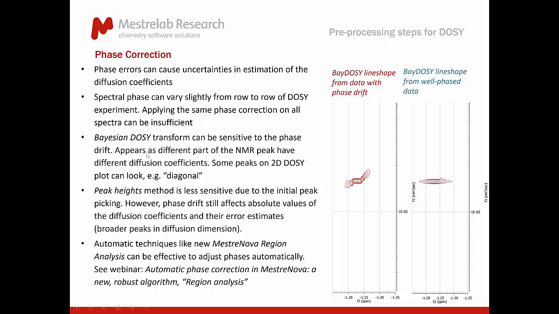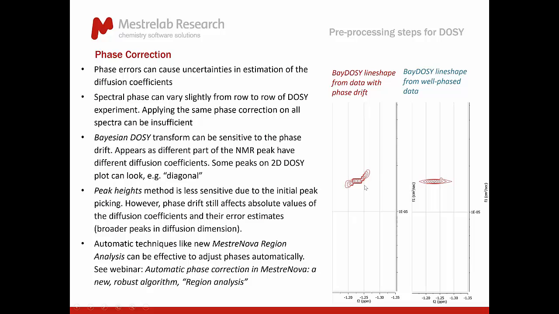And if you don't do phase correction, what happens? Your little phase drift contributes to your decay, so it looks like some part of your peak is decaying faster or slower. You can get a slightly diagonal shape in the Bayesian transform.